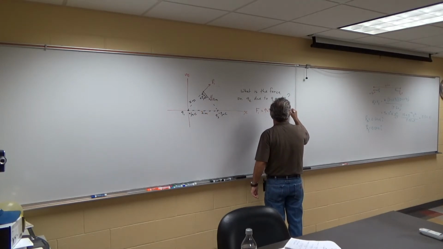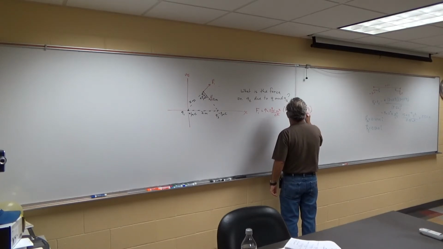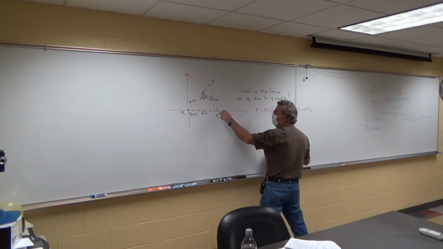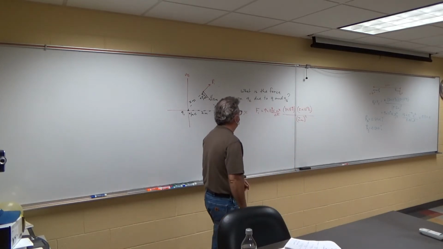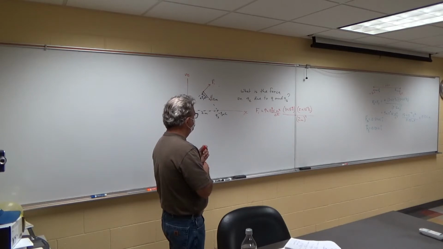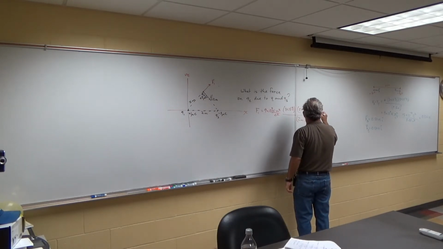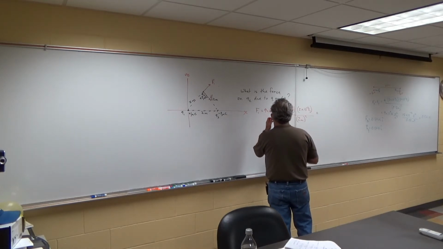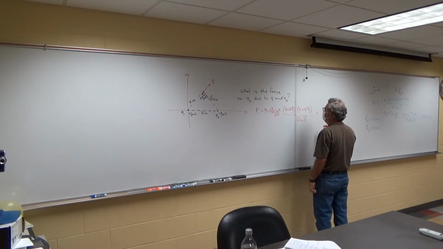So I have 1 times 10 to the negative 6 coulombs multiplied by 2 times 10 to the negative 6 coulombs, and all of that divided by this distance squared, 2 meters squared. Okay. So that's magnitude F1. So that's 4.5 times 10 to the negative 3, maybe?